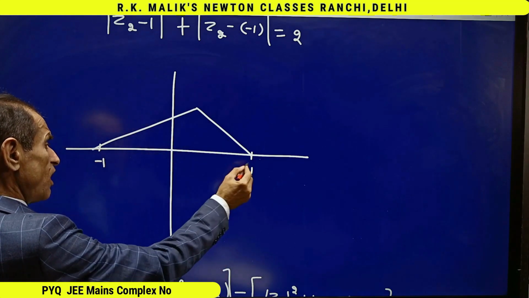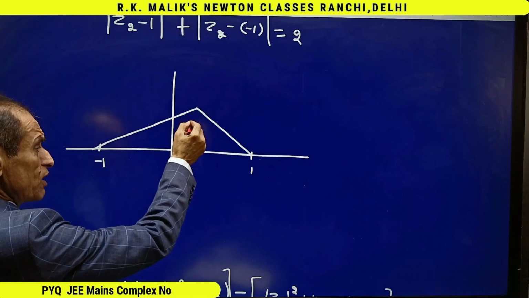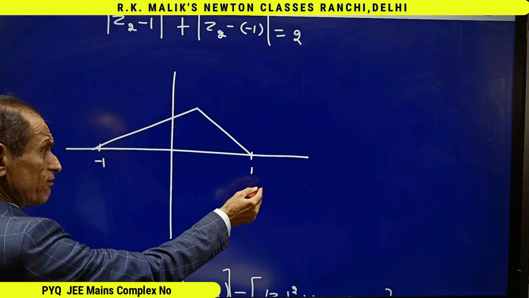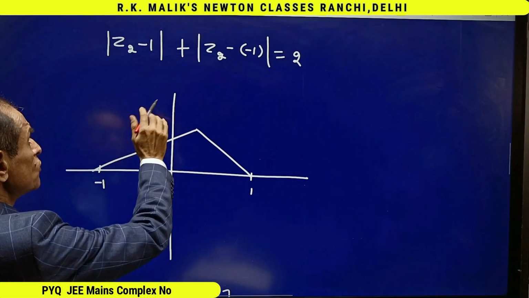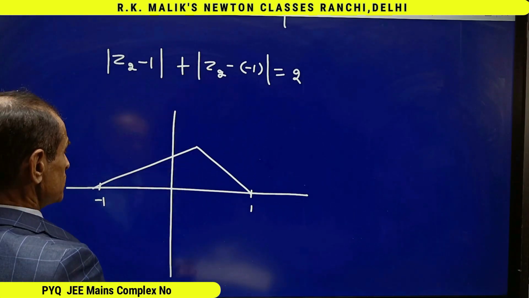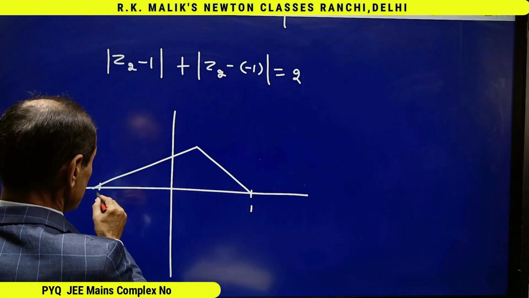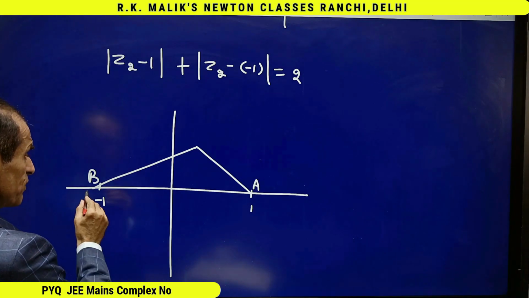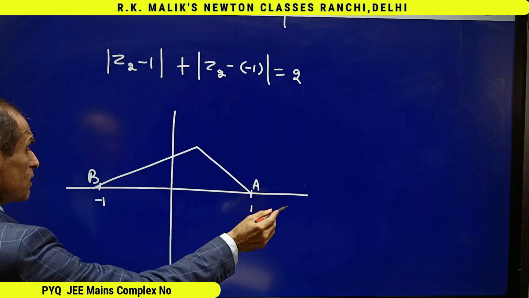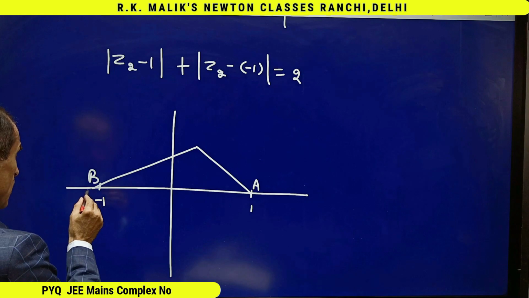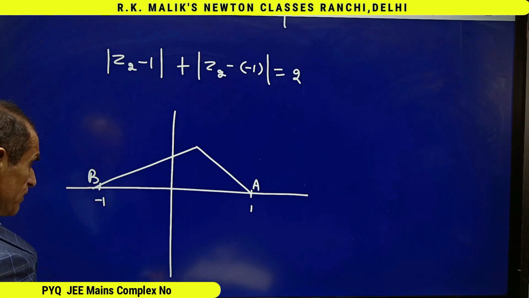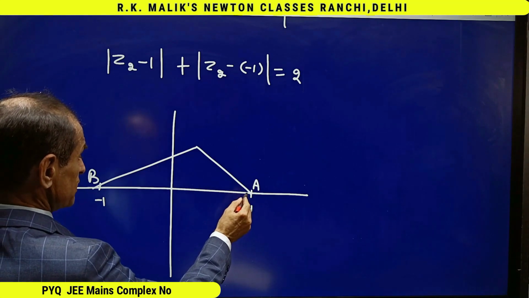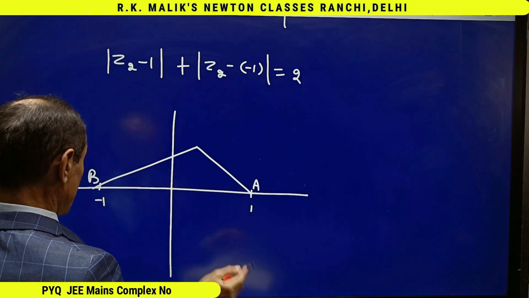But this is already 2. Therefore, if Z2 is outside, then this plus this can never be 2. Therefore, to satisfy this condition, Z2 will have to be on the line segment AB only, excluding the points beyond A or beyond B. All the points lying on the line segment AB, including endpoints, will satisfy this condition.